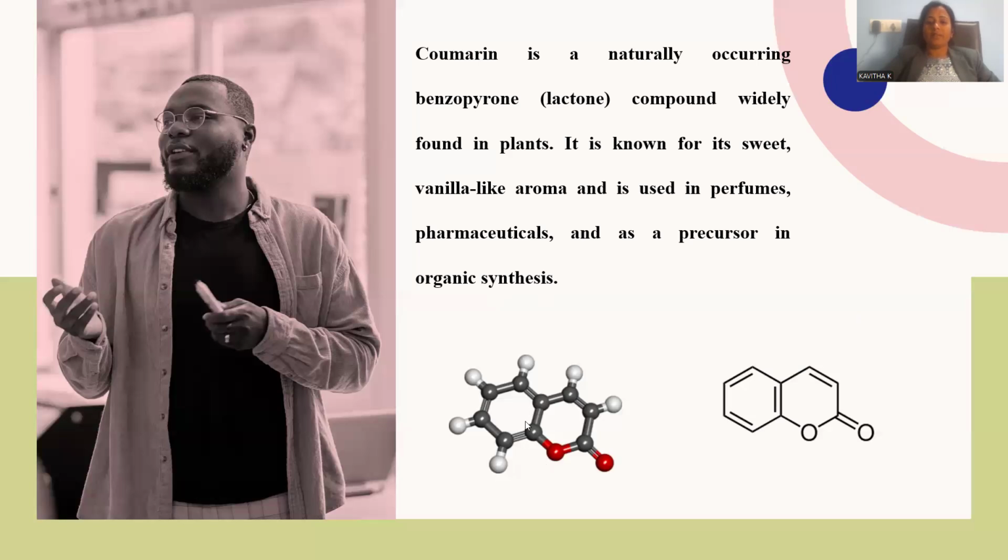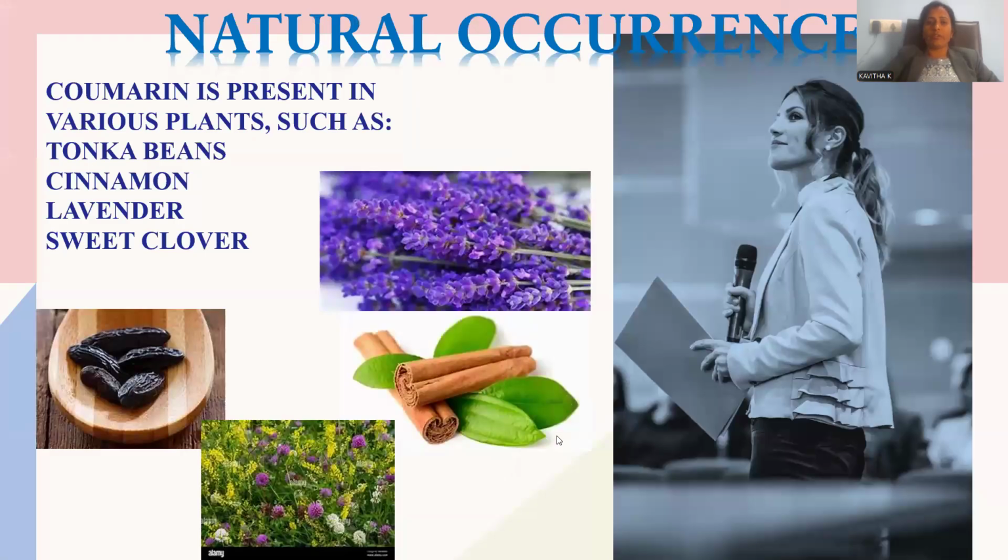A three-dimensional representation of coumarin is also provided, where you can notice the benzene ring with all the carbons bonded to hydrogen atoms, and here is another six-membered heterocyclic ring system, where oxygen is one of the atoms within the six-membered ring, and there is a double-bonded oxygen in the form of a ketonic functionality. This is the three-dimensional representation of the coumarin molecule.